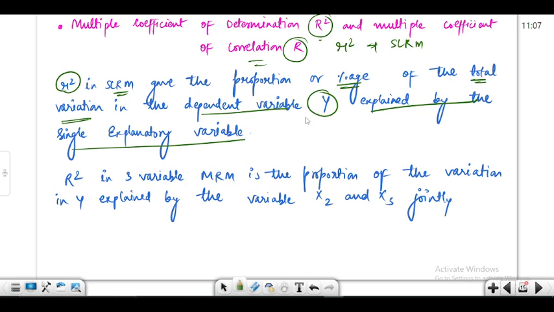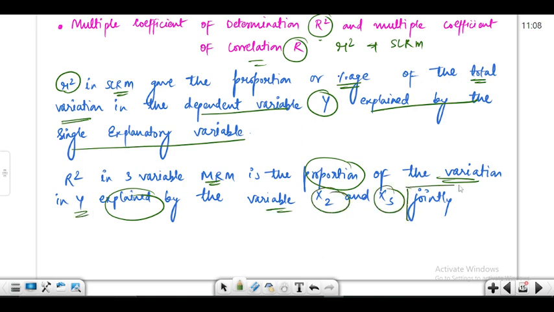In the case of multiple regression model, we have multiple variables. So R square in the case of a three variable multiple regression model is the proportion of the variation explained in y by the variables x2 and x3, very important, jointly.